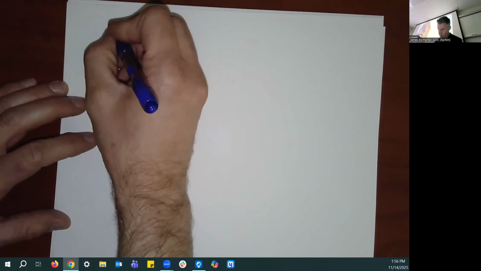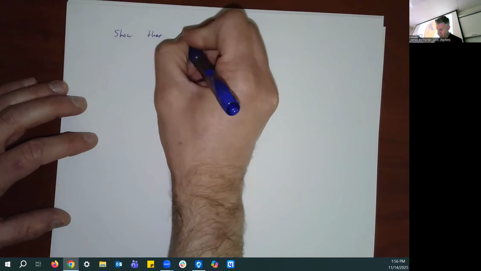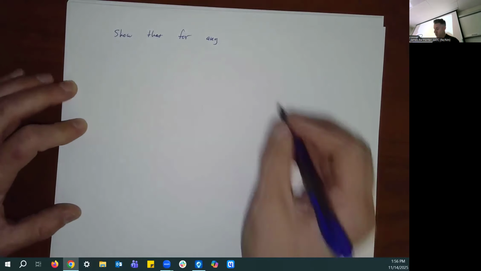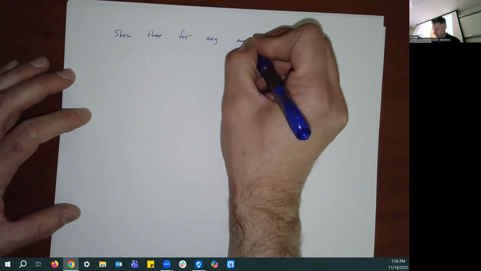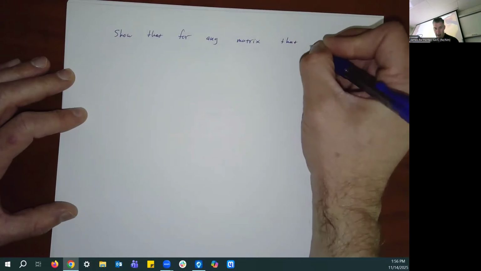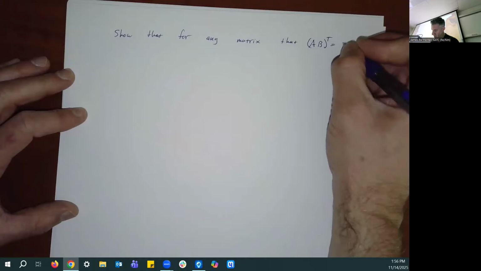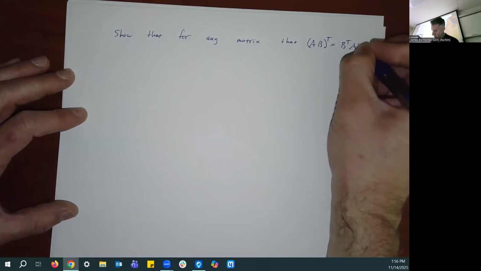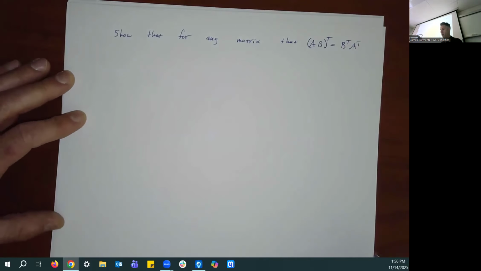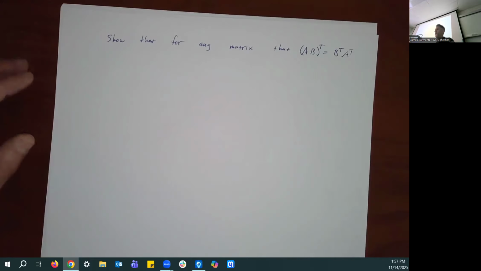We can show that for any matrix, but we're going to limit ourselves to an easier example, that (AB) transpose is equal to B transpose times A transpose. And although this is true for any matrices that you can multiply together, we want to make it doable.